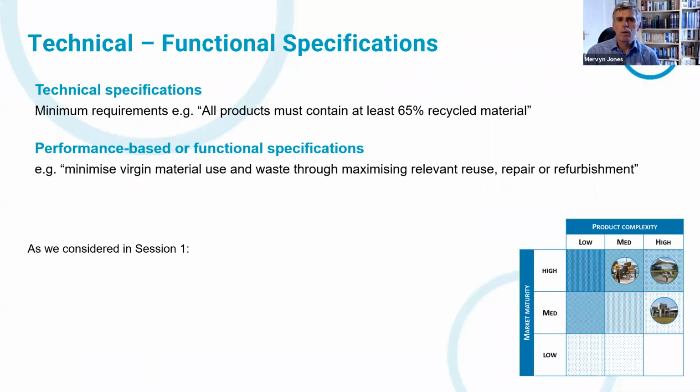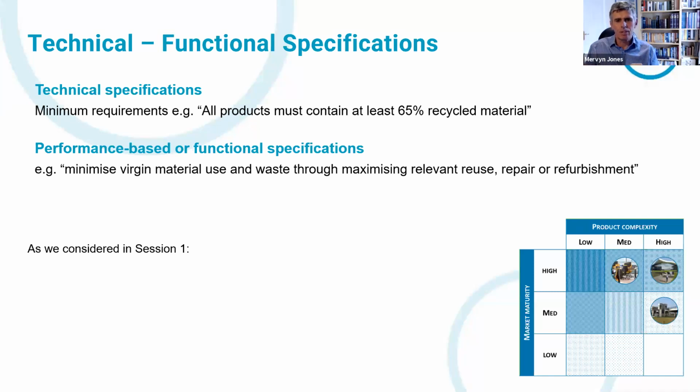Now, I've banged on quite a bit already about technical specifications and functional questions, etc. The key bit here is that there is no right or wrong way. Performance-based specifications, functional specifications allow for a much broader answer and therefore have to be evaluated in a slightly different way.